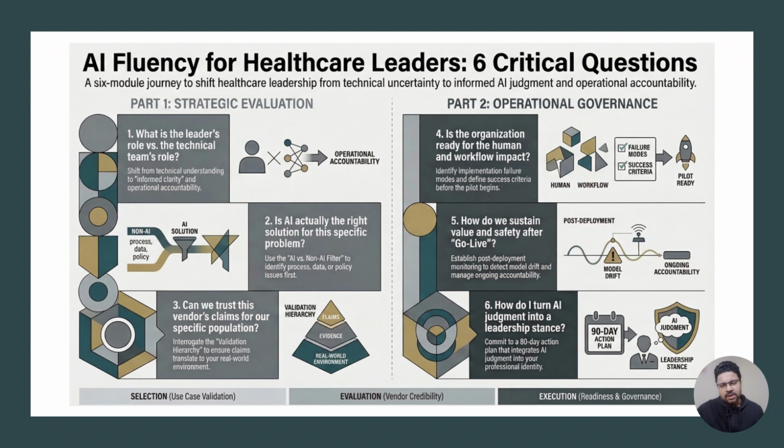The first three questions focus on strategic evaluation: understanding the leader's role, determining whether AI is actually the right solution for the problem that you are trying to solve, and evaluating the vendor claims. The next three focus on operational governance: preparing the organization for implementation, monitoring AI systems after deployment, and ultimately developing your own leadership judgment.